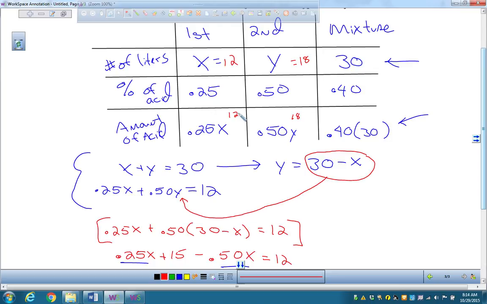What's that? 3. What's half of 18? 9. And this times this makes 12. So does 3 plus 9 make 12? So it checks up here and it checked up here. So then you answer the question. I need 12 ounces of the first solution and 18 ounces of the second solution.